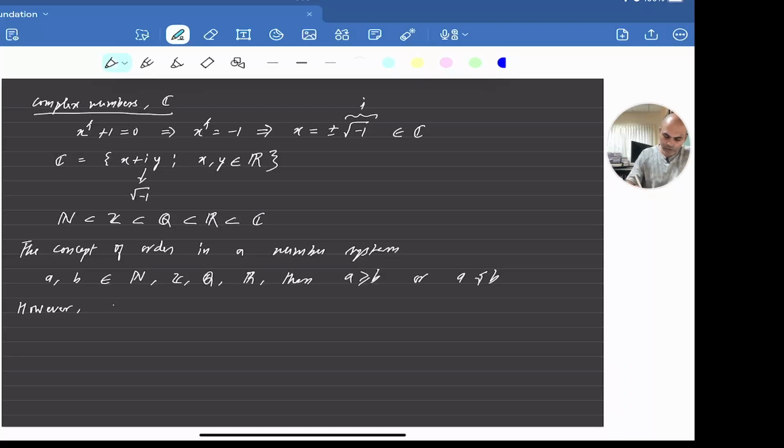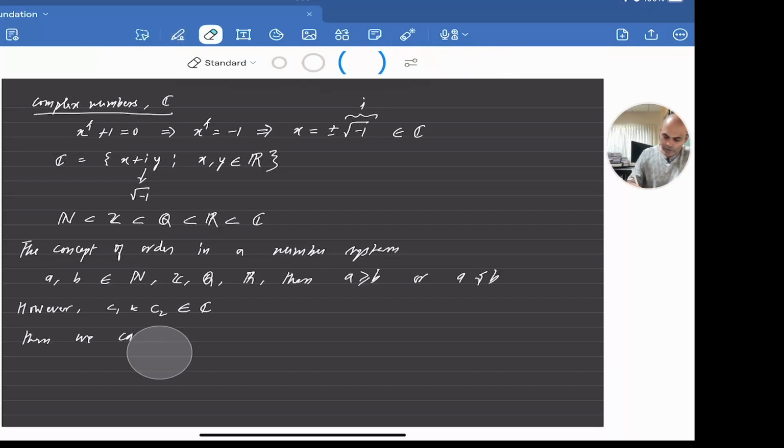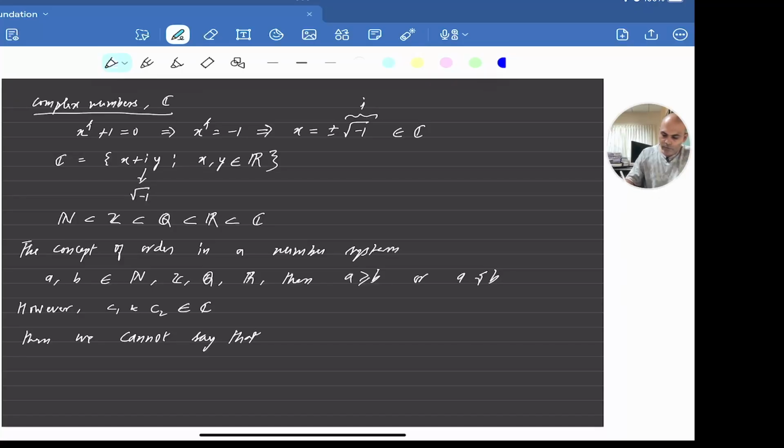If you take two complex numbers C1 and C2, then we cannot say that C1 is greater than or equal to C2 or C1 is less than or equal to C2.